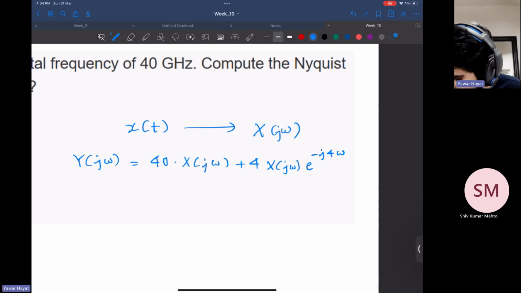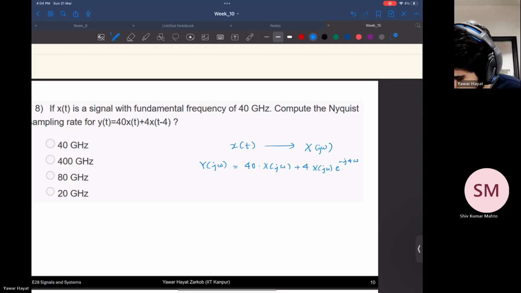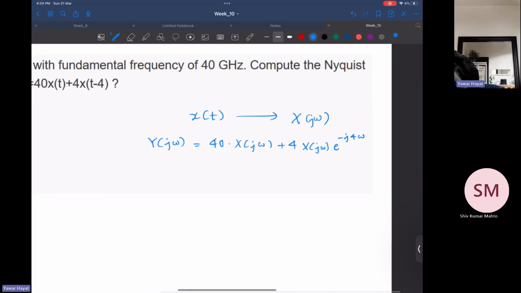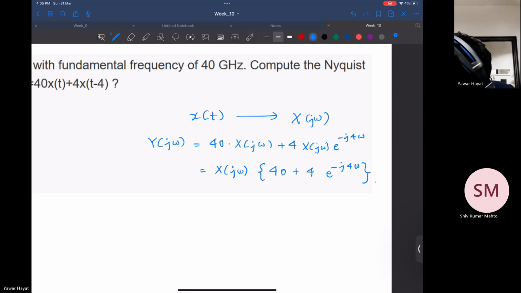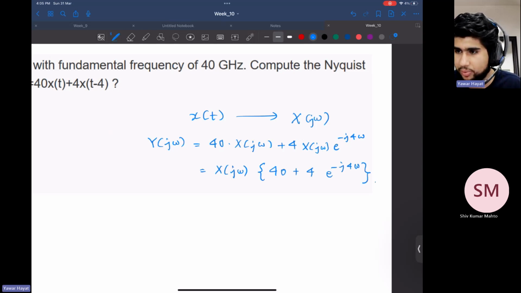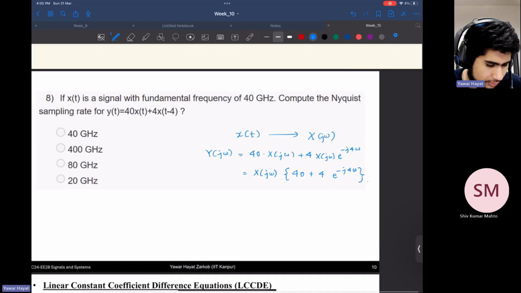So is there any change in the bandwidth? No, right? We can write this as X of j omega times (40 plus 4 e to the power minus j4 omega). Nothing happens to the bandwidth, right? So would the Nyquist sampling rate change?